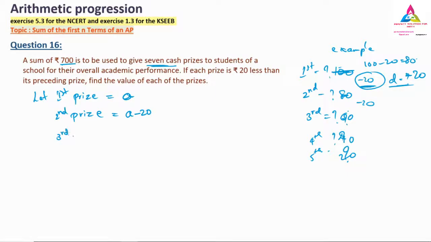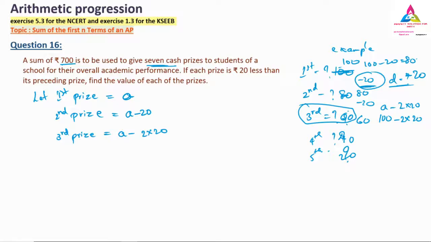What will be the third prize? Third prize will become A minus 2 into 20. Why is it A minus 2 into 20? For example, if you want to find the third prize, we have taken 100, second was 80, next was 60. So A means 100 minus 2 times 20.